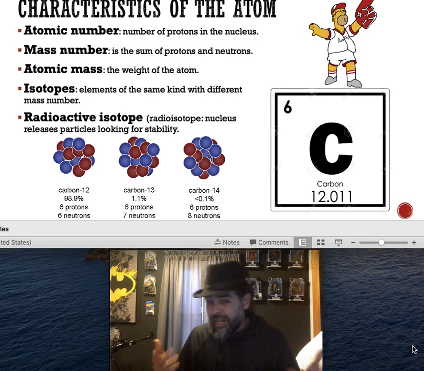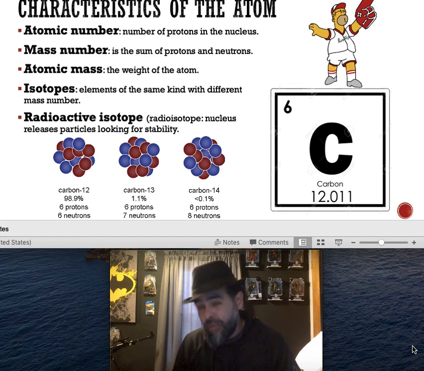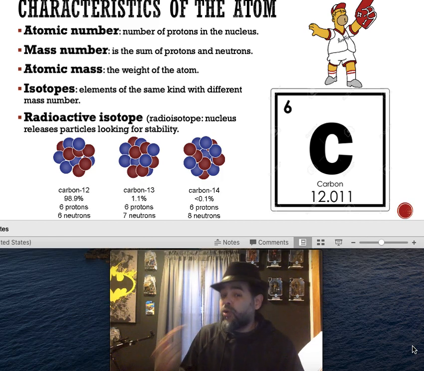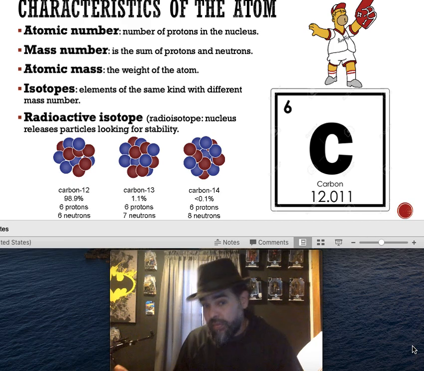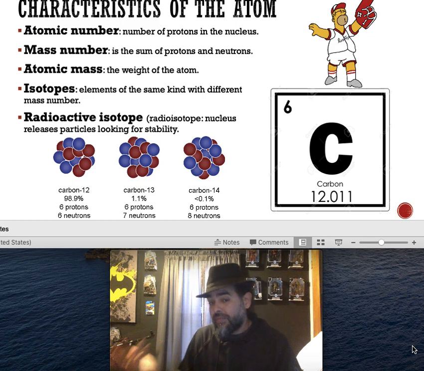Now, then what is a radioactive isotope? Well, as it happens to be, some of these elements are unstable. They are not comfortable in the configuration that they are. And in order for them to become stable or become comfortable, they have to eliminate some of their particles. And some of the particles might be neutrons that might be expelled from the nucleus of the atom in order to become stable.